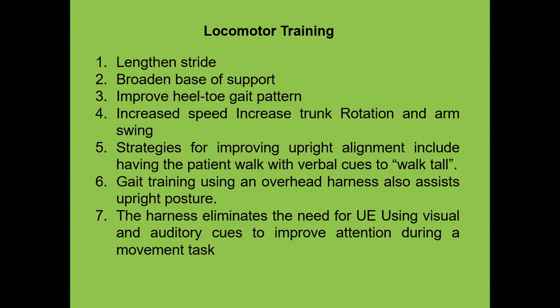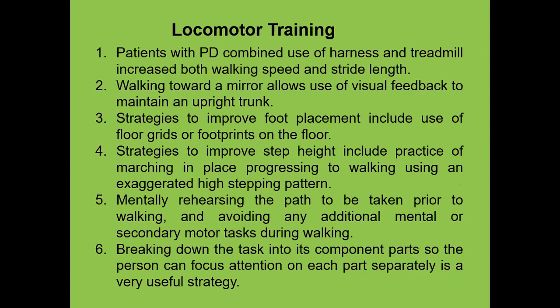You need to identify which muscles are involved, and according to that, strengthen them, followed by balance exercises, then the functional reach test, then the 6-minute walk test, then another approach called the treadmill. The treadmill also enhances the walking pattern of Parkinson patients, to manage functional care. This is locomotor training.